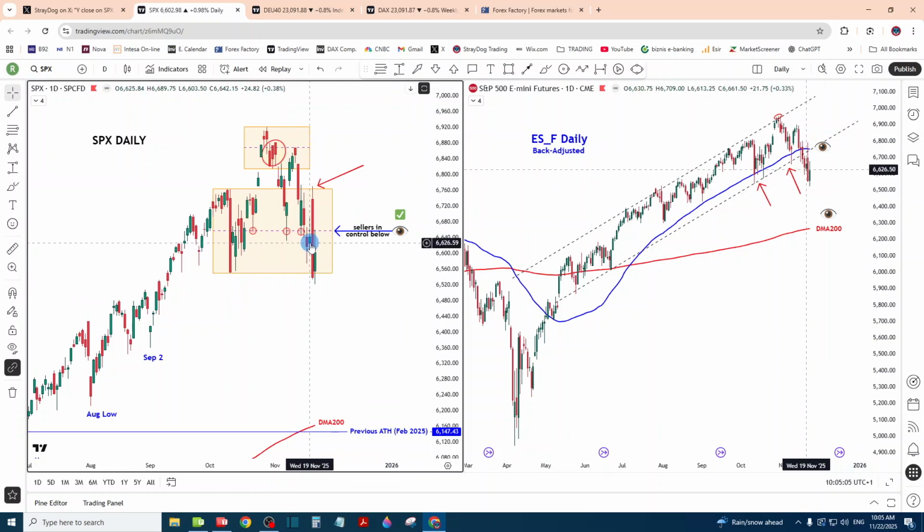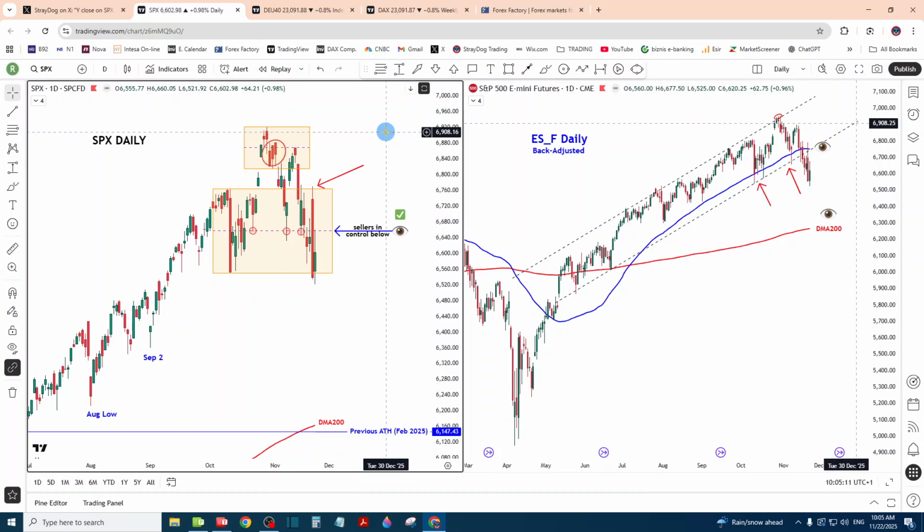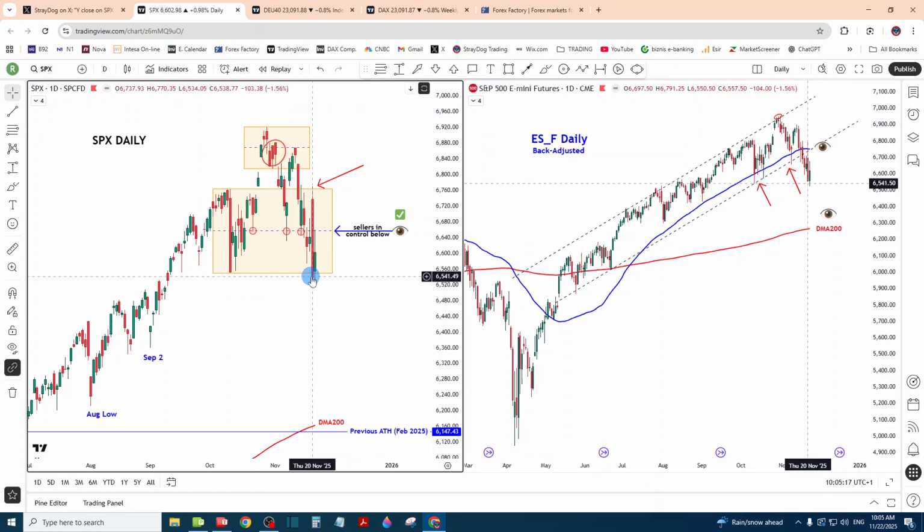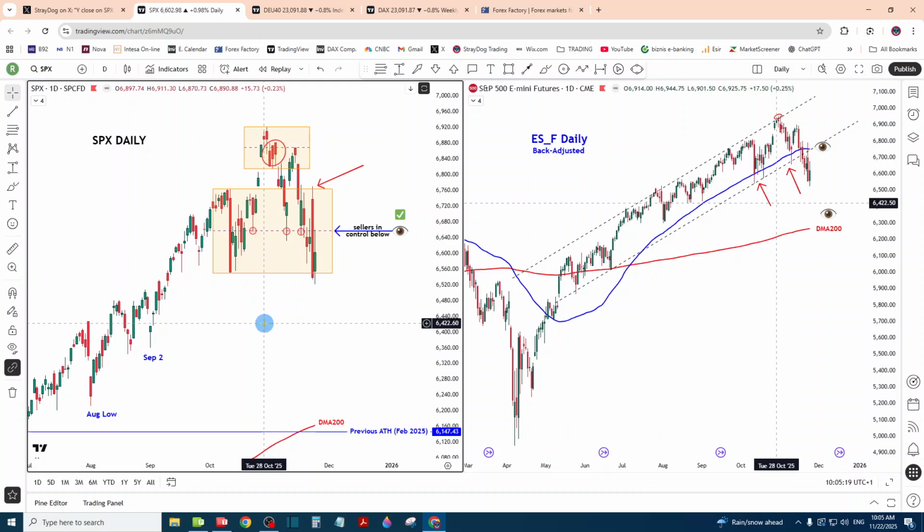You see this small candle here, that was Wednesday, and on Thursday open was here. So true gap up, meaning that the market is opening completely above the previous day, and yet the close was here. So this was an outside bearish reversal candle, a bearish candle.